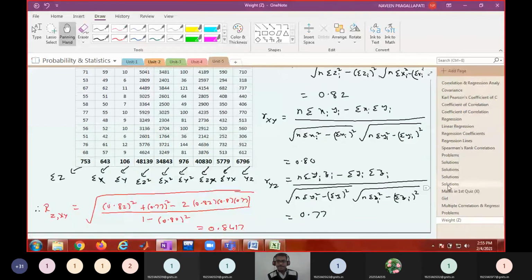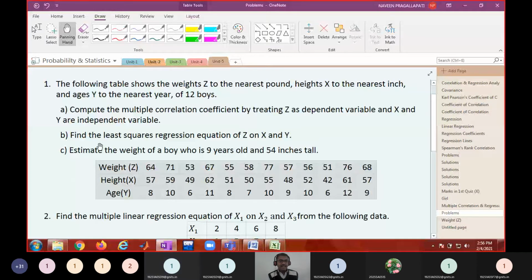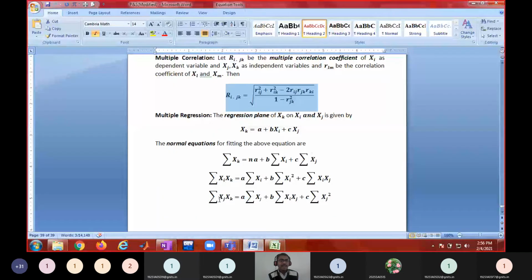Next question. Find the least squares regression equation of z on x and y. Okay, so what is that formula?